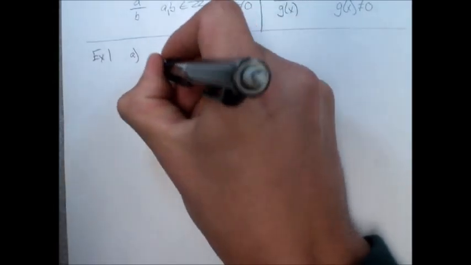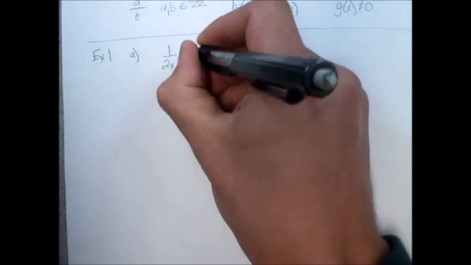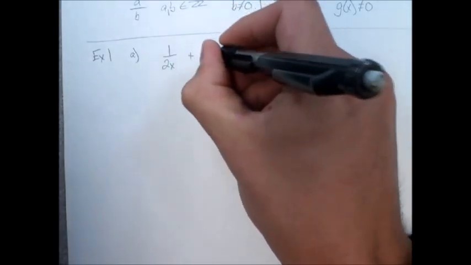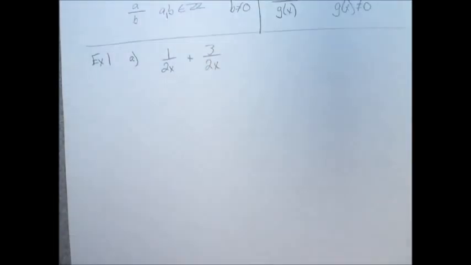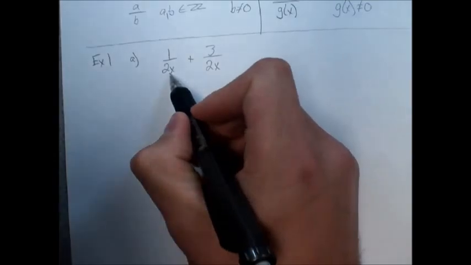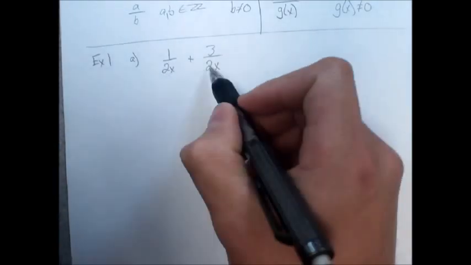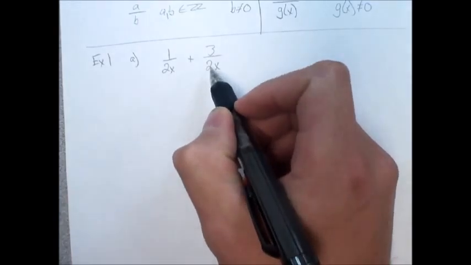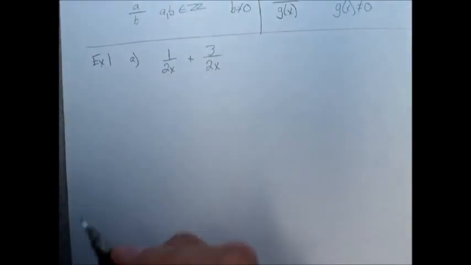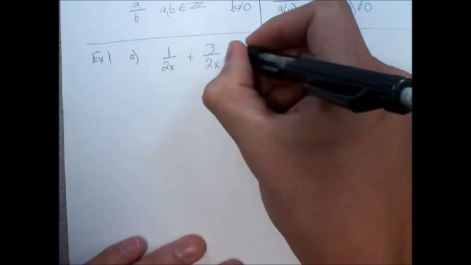Example 1a. Our rules of adding and subtracting rational expressions will hold the same as if we were adding or subtracting regular fractions. So if our denominator here is 2x, in order to add it to something else, our denominator must be the same. We have to have a common denominator. Since these are already common, we just add the things up on the top.